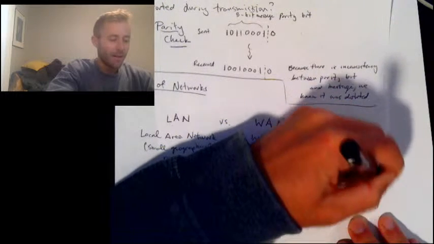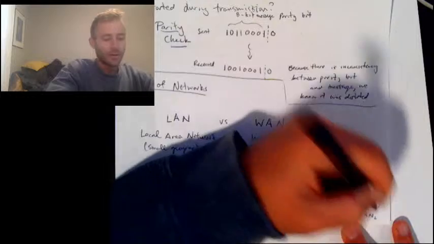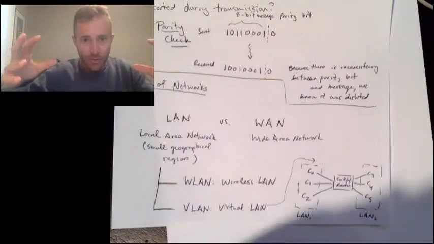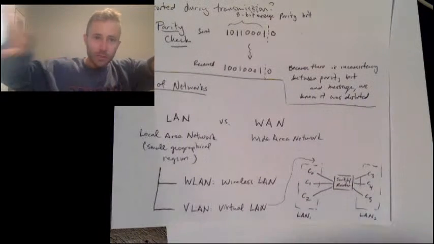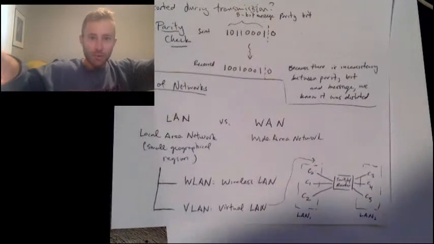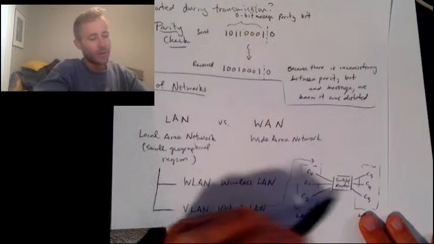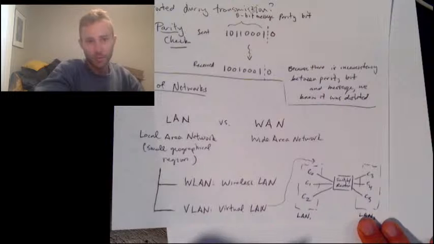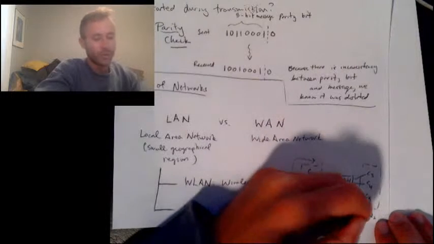You have one physical network, but the router is treating the different groups of computers as separate networks. So the router is not going to let computer 1 communicate with computer 4, even though they're physically connected and could do so. So this is called a virtual LAN.